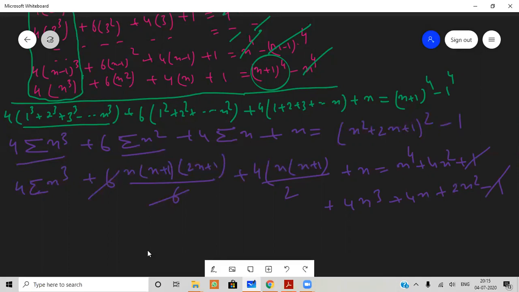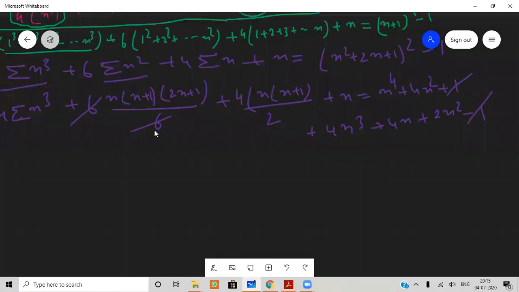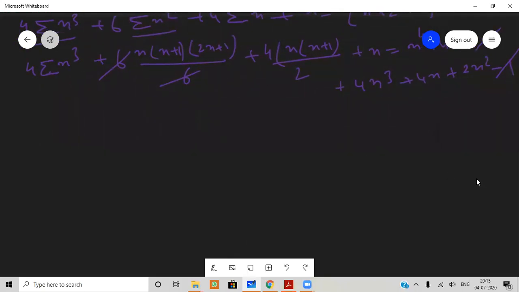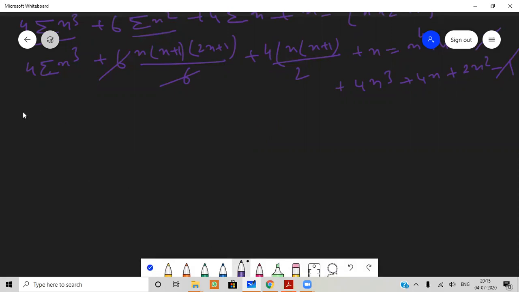So what do we get on the right hand side and left hand side? So this is simply now simplification. So this implies 4 sigma n cube plus, when I multiply this thing, I get n into 2n square plus 3n plus 1. And then you multiply this and this should cross out 2 times.